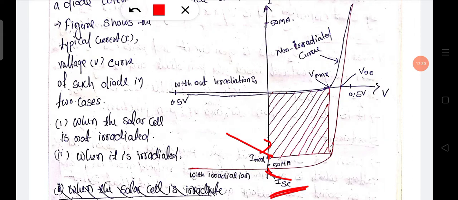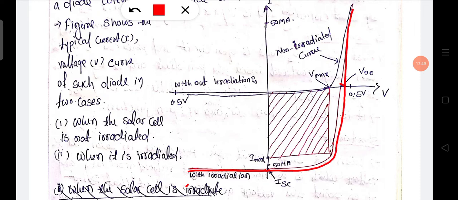So the characteristic, when the solar cell is exposed to sun, goes from this to this, like this.